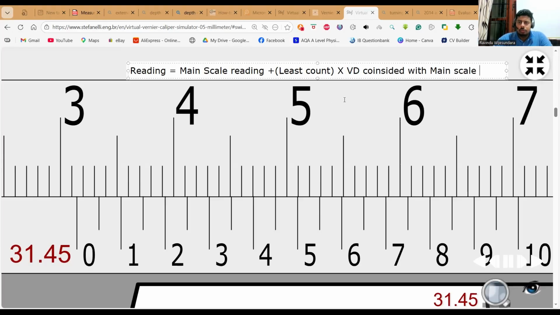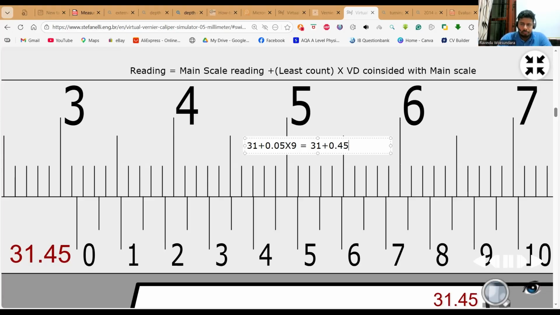Right. Now if we read this one, this reading given here, then follow me how to read this one. Okay. So the main scale reading is 31 plus the least count, which was 0.05, we calculated earlier, multiplied by the ninth one. So if you calculate here, 31 plus 9 into 0.05 means 0.45.